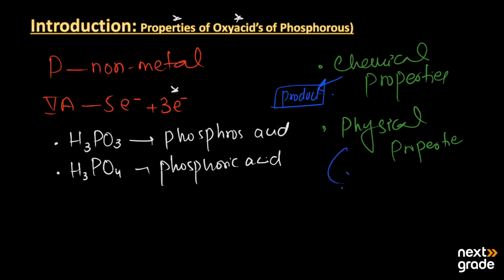In physical properties, we check its melting point, boiling point, density, color, physical state, etc. A lot of physical properties can be checked. So let's start the topic.